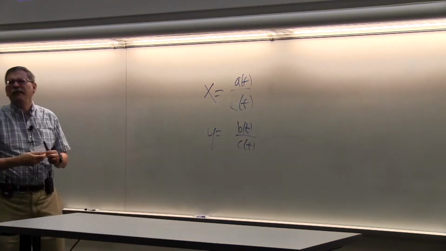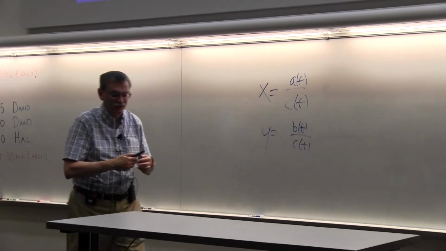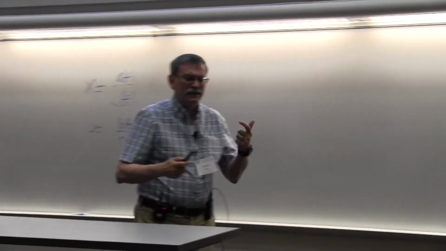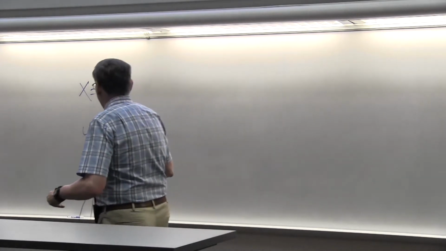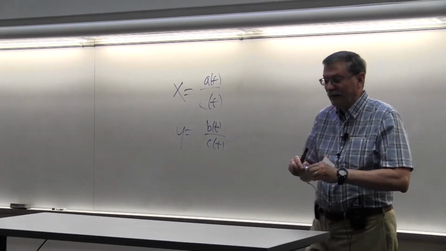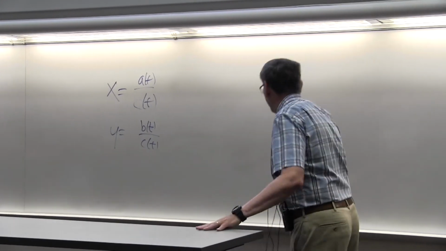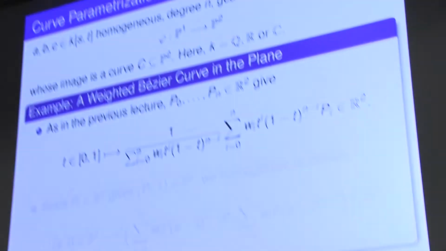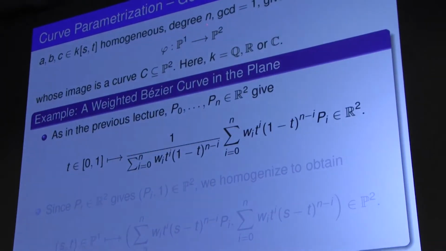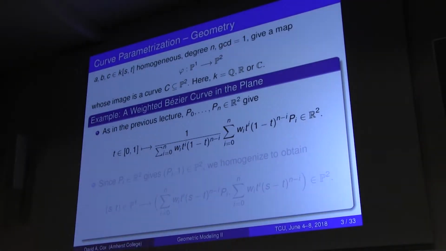So you might think of an affine parameterization by rational functions, but what we're going to do is basically work projectively. And so that means that I take A, B, C, they're homogeneous polynomials, all of the same degree. And that degree is always going to be n. And I always assume their GCD is 1.